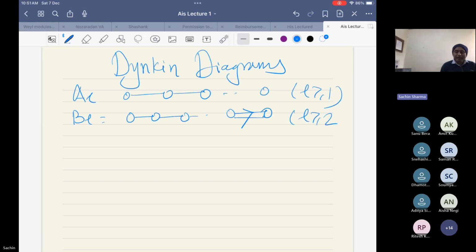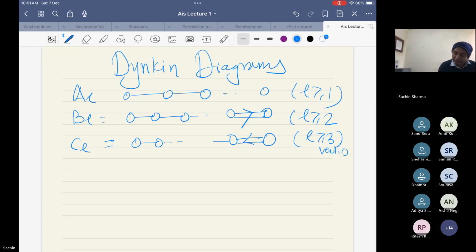So you should consider the one root which has a smaller length than the other L minus 1 roots, which is nothing but just the transpose of that matrix. Here you get L greater than 3 vertices. Otherwise, it will be the same as maybe B2 again. So this is C_L.